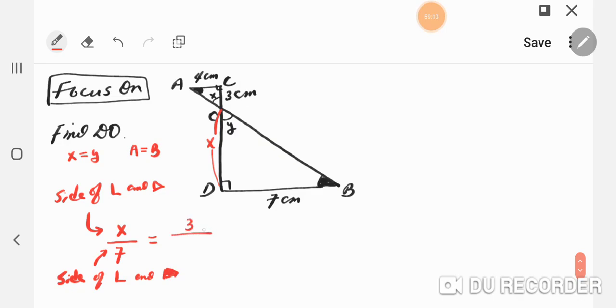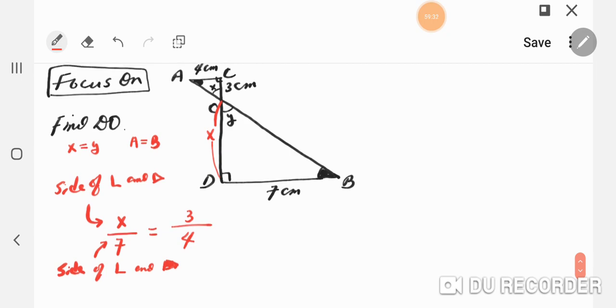CO, because that's the measure of the side between the right angle and the right angle. So 3, 2, 4. 4 is the other side. So we have an equation like this. So from this equation, we can solve for x.